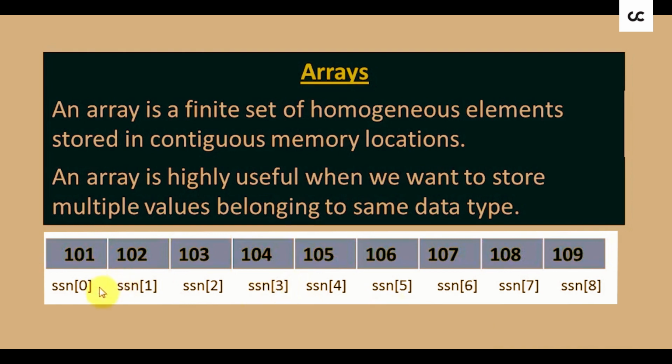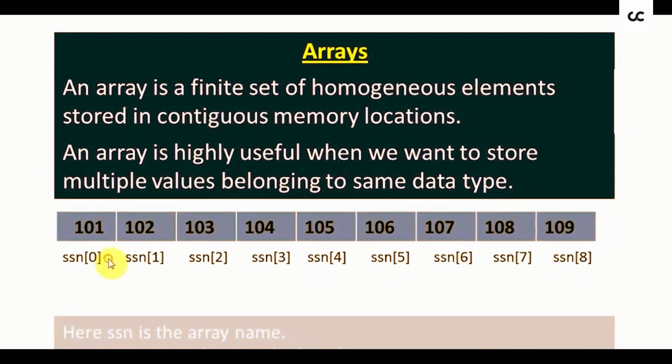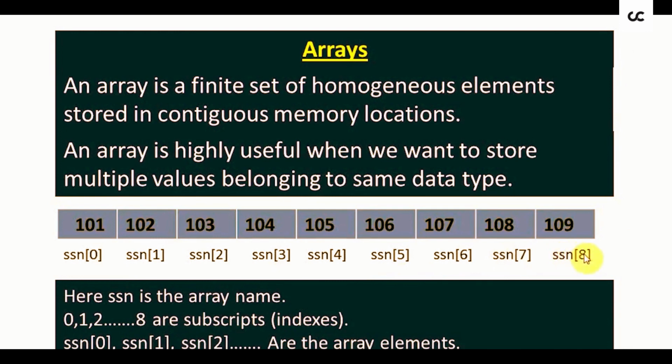Because in this example the subscript starts from 0, the last subscript is 8, hence the total number of elements is 9. Here SSN is the array name, 0, 1, 2, 3, 4, 5 till 8 are subscripts. In some languages they are also called indexes. And SSN0, SSN1, SSN2 are the array elements.